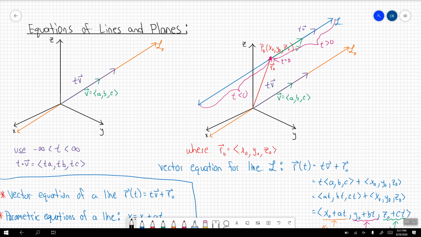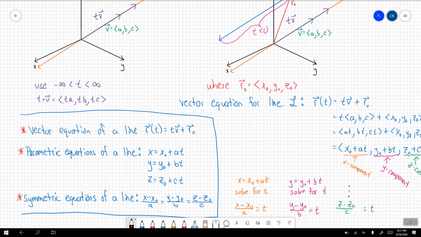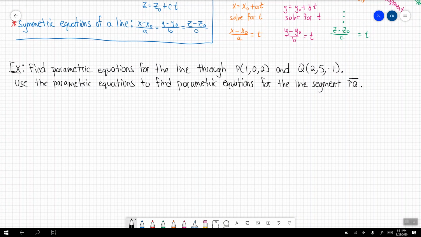And those are the only two things that we need. We just need a point on the line and a directional vector. That's it. No more. We don't need anything else. We can extract other items, that's awesome, but at the end of the day, we only need those two basic things. So in order to start this problem then, I am going to say that I need these two things.